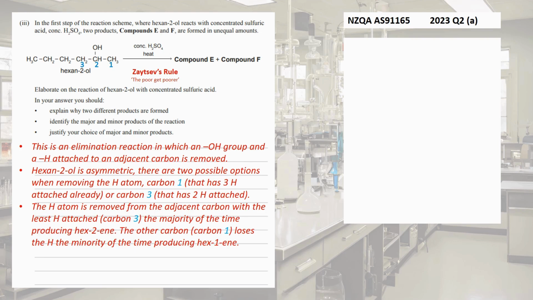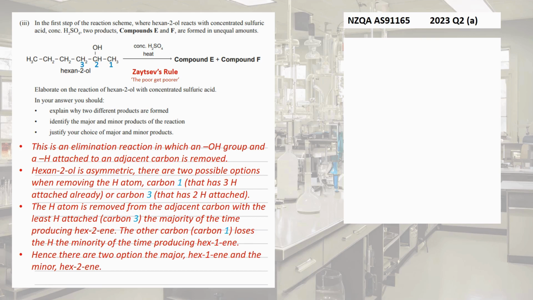Now, if it is removed from the adjacent carbon with the fewest hydrogens attached, that is 3, that will happen the majority of the time because it has the fewest hydrogens. We are going to produce hex-2-ene. If we take it away from carbon 1, the minority of the time, we will produce hex-1-ene. Hence, there are two options, hex-1-ene and hex-2-ene.